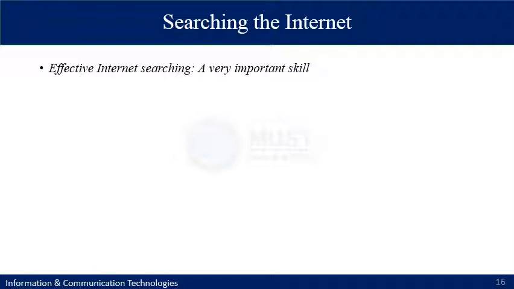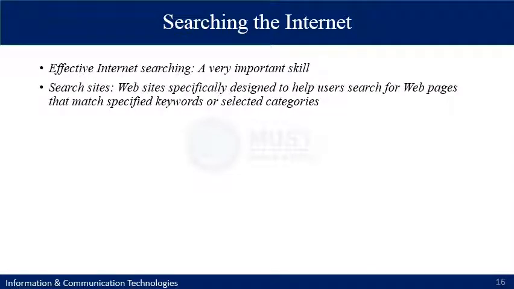Internet is also widely used for searching for information, and searching the internet is also a very important skill. So you should learn to search the internet in an effective manner.